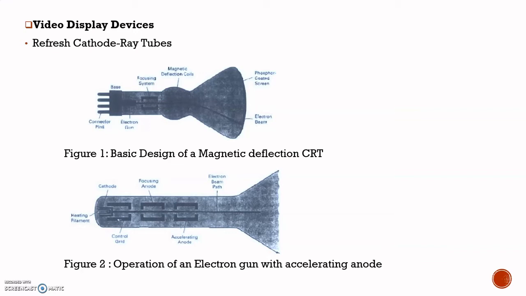Here I have given a picture of how an electron gun with accelerating anode works and the basic design of a magnetic deflection CRT. Figure 1 represents the basic design of a magnetic deflection CRT and figure 2 represents the operation of an electron gun with accelerating anode. Let's see the components of a CRT.